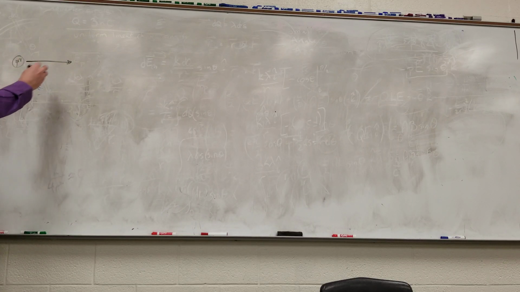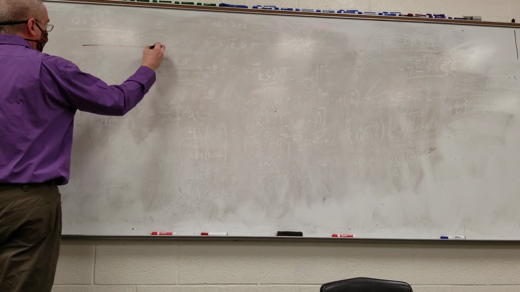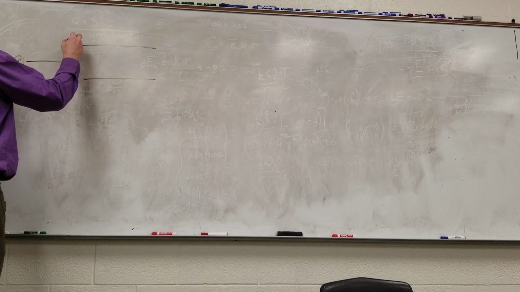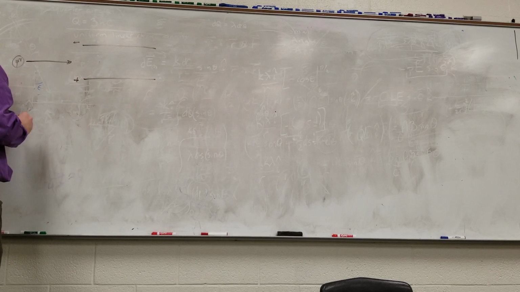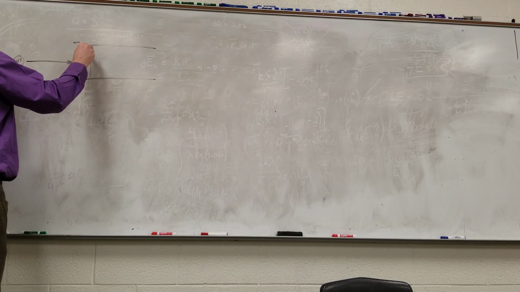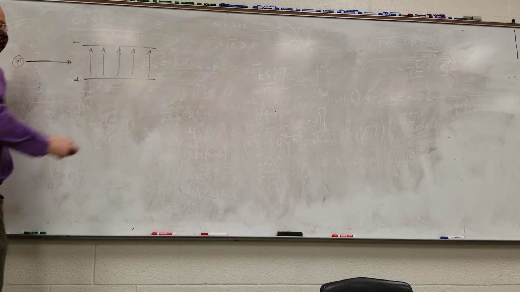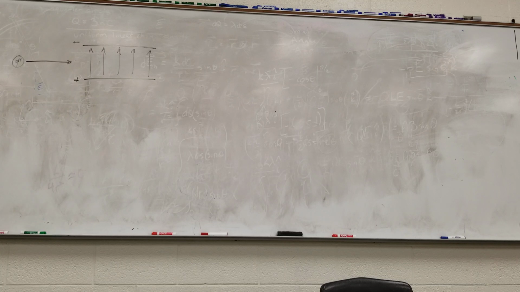I'm going to shoot a proton. I have two parallel plates. This is negatively charged and positively charged. We assume the plates are close enough that the electric field lines are indeed just perpendicular to the plates and parallel to each other. I'm not worried about the subtleties at the edges where it might bend out some.